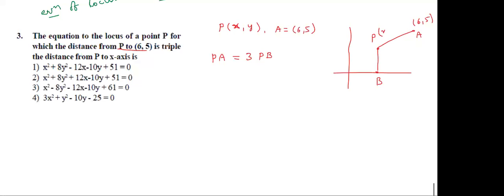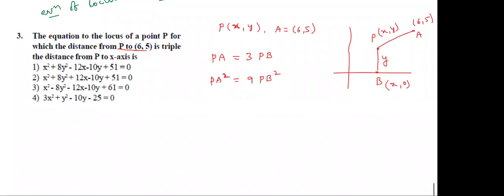What is the locus here? X comma y. Then PB distance should be y. Or you can take B point as x comma 0, no problem. Do squaring on both sides. PA square is equal to 9 PB square. Why am I doing squaring on both sides?